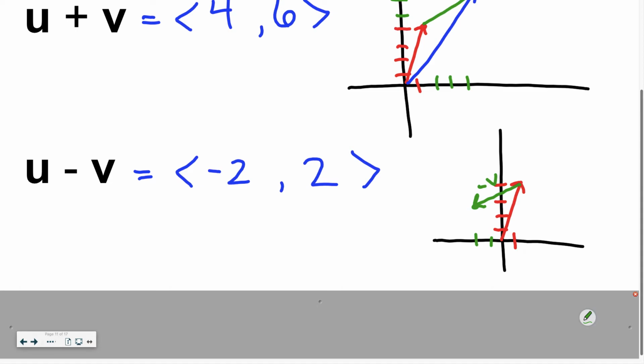There's negative v. So you can see our resultant is negative 2, 2. I didn't graph that excellently, but you can be flexible with me.